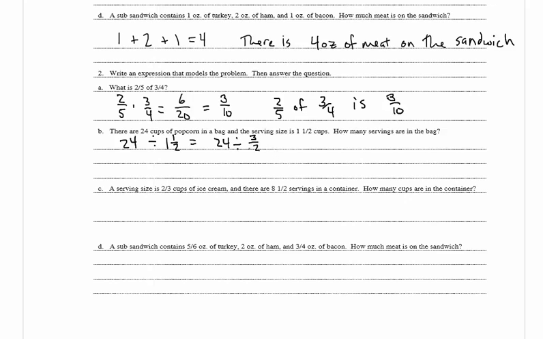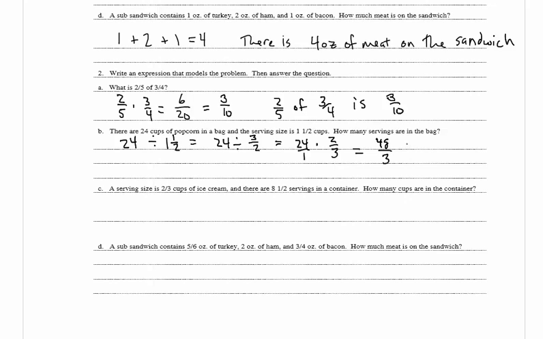And now when we divide fractions, we can turn it into a multiplication. So we're going to have 24 times, now we're going to take the reciprocal of the fraction, so 2/3. And 24 could be thought of as 24 over 1. And when we multiply this, we get 24 times 2 is 48. And 1 times 3 is 3.